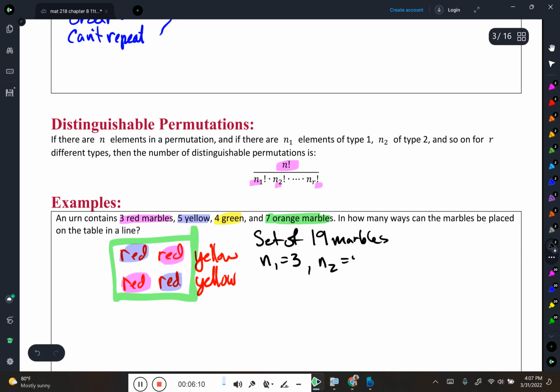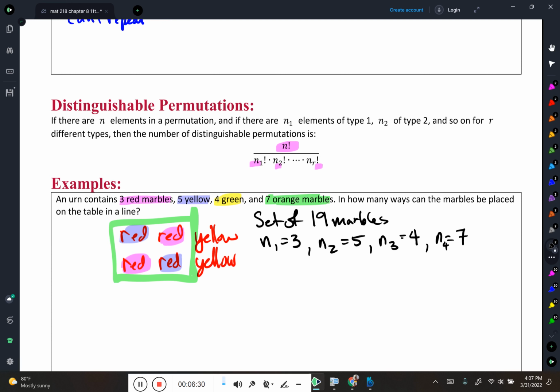And n sub 2 would be 5 yellow marbles I can't tell apart. And n sub 3 would be 4 green marbles I can't tell apart. And n sub 4 would be the 7 orange marbles I can't tell apart. Then if I want to order all those marbles, all those elements, the number of ways that I can do it is going to be 19 factorial divided by 3 factorial times 5 factorial times 4 factorial times 7 factorial.